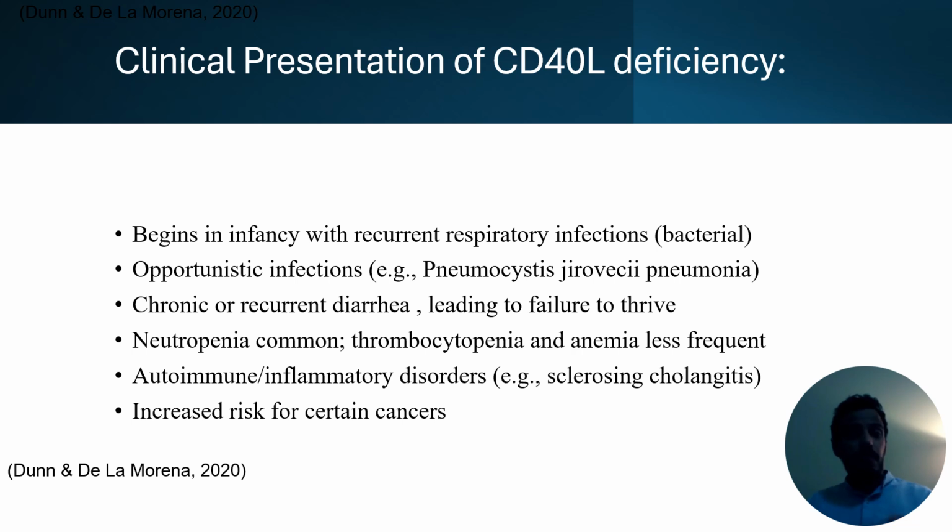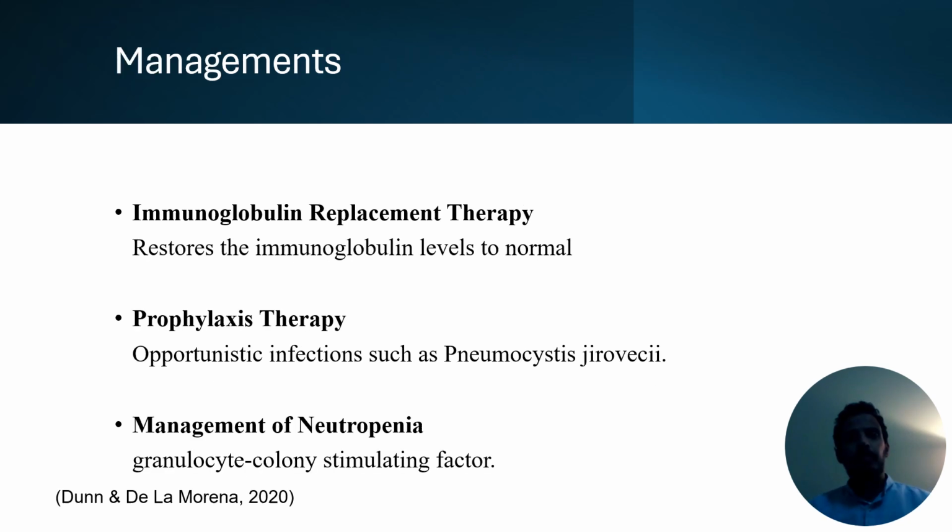Furthermore, chronic or recurrent diarrhea leading to failure to thrive, neutropenia is common, and thrombocytopenia and anemia are less common. Autoimmune inflammatory disorders such as Crohn's and cholangitis, and the last thing, increased risk for certain cancers.